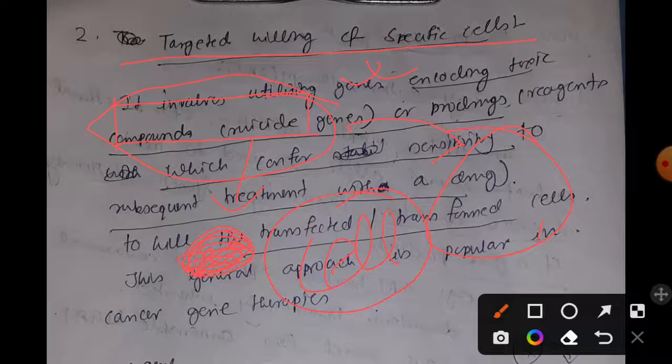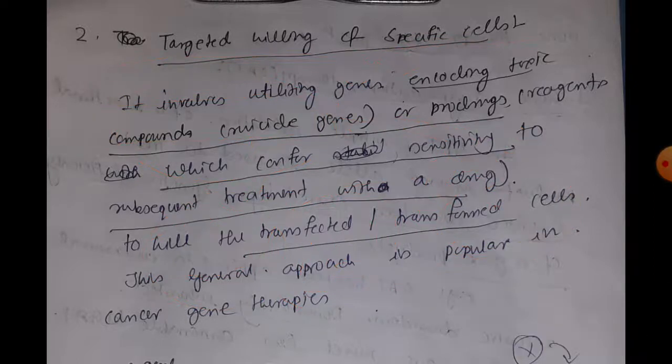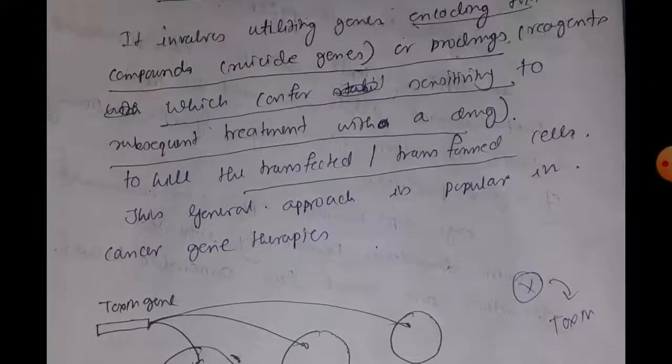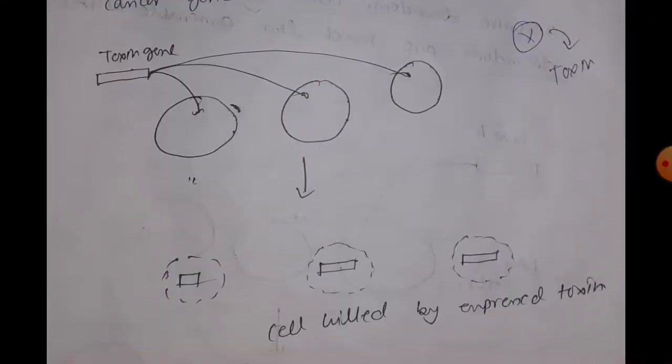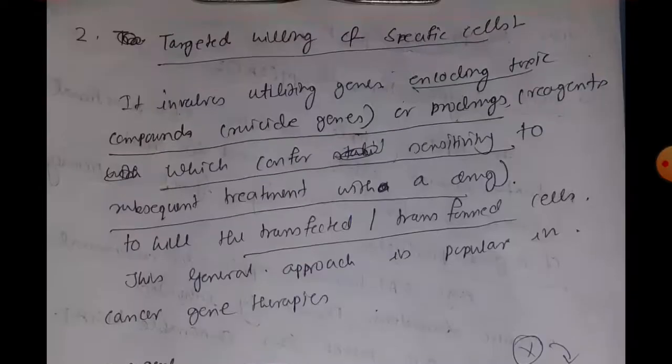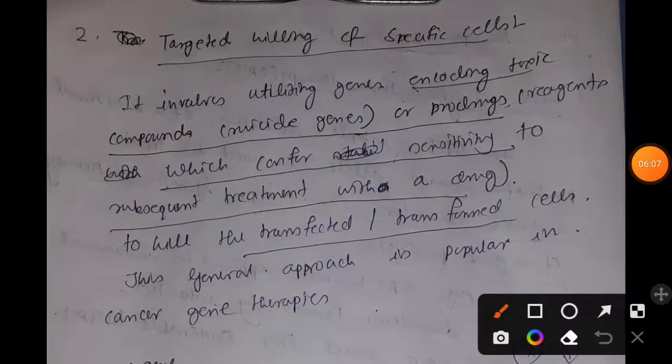This gene will be transferred to those cells, and in the cell the gene will encode the toxic protein and cause the destruction of the cell. Not only cancerous cells: any transformed or transfected cell which can be a threat to our normal body can be destroyed with the help of this kind of gene therapy.